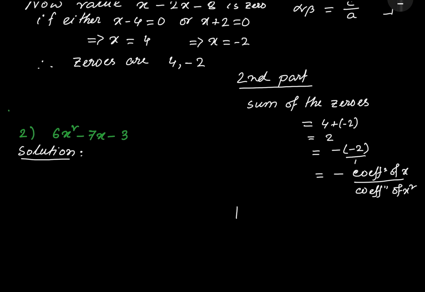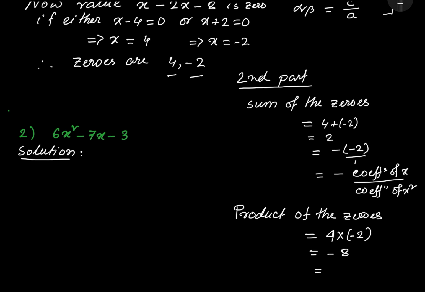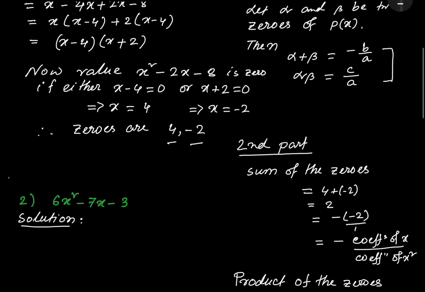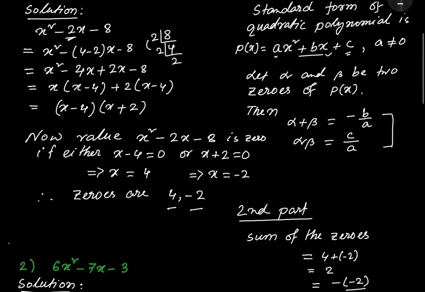Also product of the zeros is, one zero is 4, another zero is minus 2. So 4 into minus 2 equals minus 8. So minus 8 I can write as minus 8 by 1. So in place of minus 8 you can write it is the constant term only.